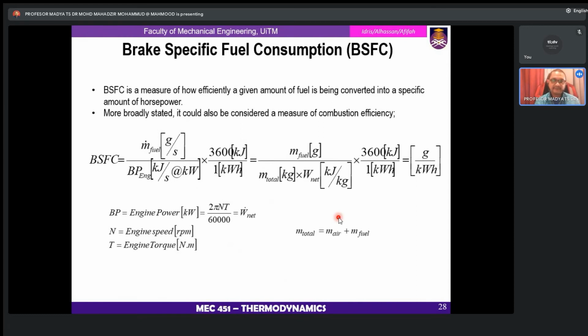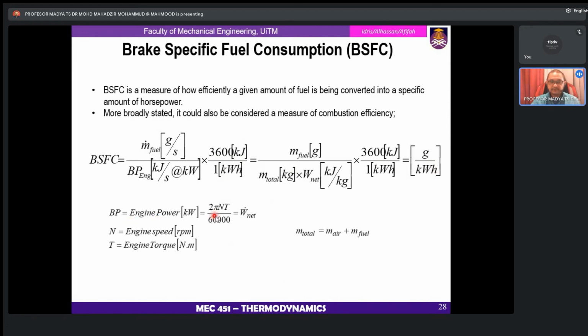BSFC is equal to m dot fuel over BP, times 3600. This is how to convert, and then we get the value in the unit gram per kilowatt hour.